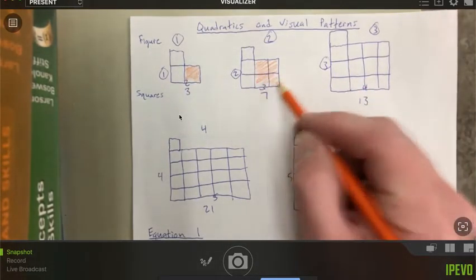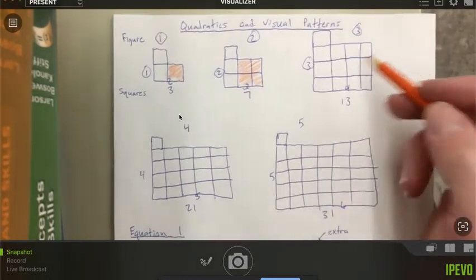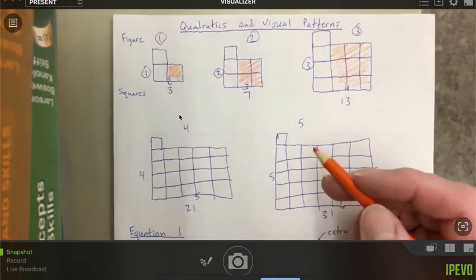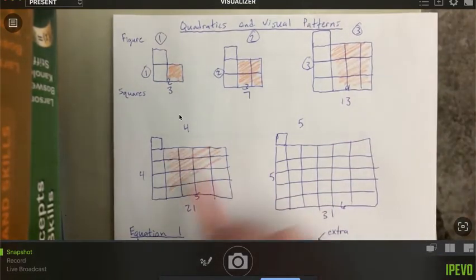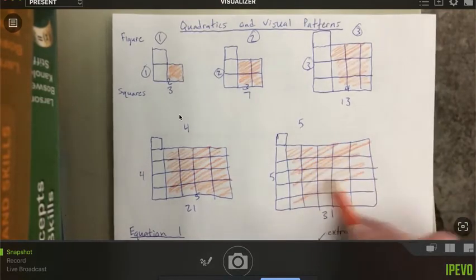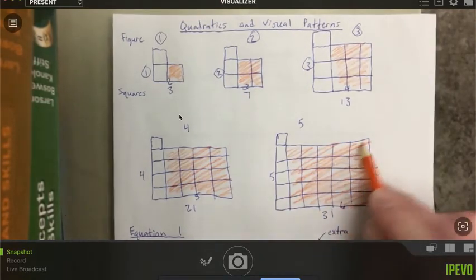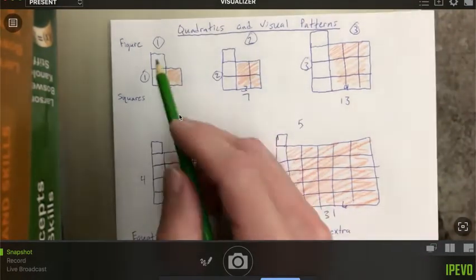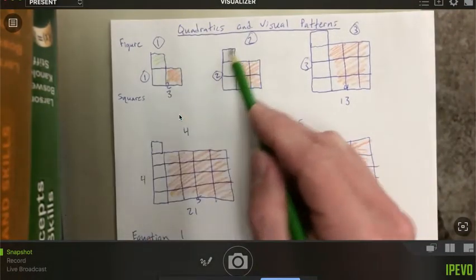Notice how there's a 2 by 2 square. And then a 3 by 3, a 4 by 4, and a 5 by 5. And just to acknowledge, we've already taken care of this extra one on top.